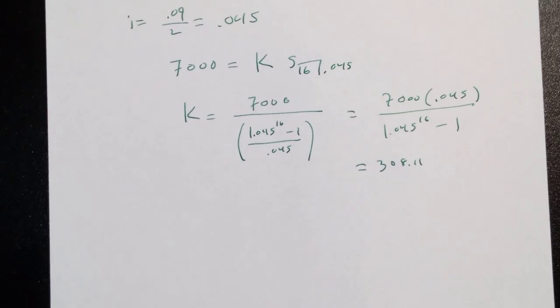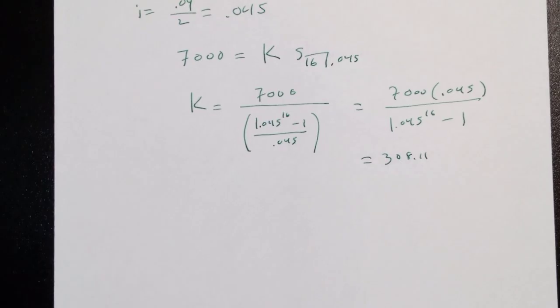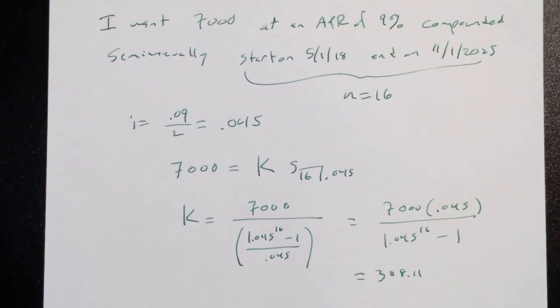But what if at the end of November of 2025, I decide I'm going to leave this money in the bank for another couple of years and I stop making deposits? What happens then? I decided I didn't need the money in 2025.